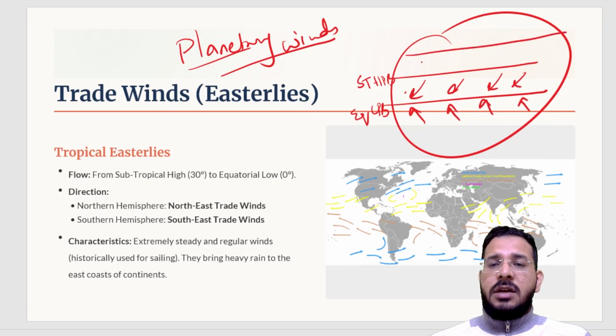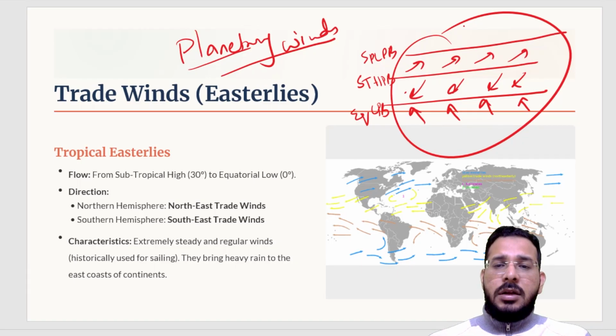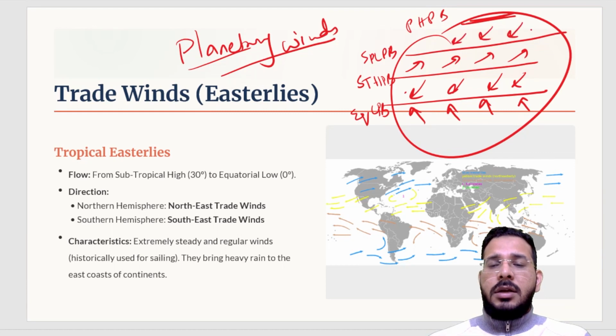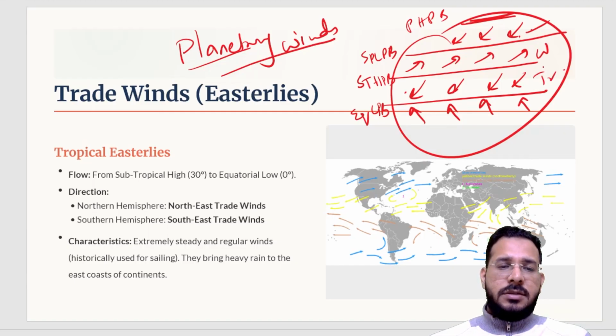And those winds flowing between the subtropical high pressure belt and subpolar low pressure belt are called westerlies. And those winds moving from polar high pressure belts to subpolar low pressure belt are called easterlies or polar easterlies. These are polar easterlies, these are westerlies, these are trade winds.